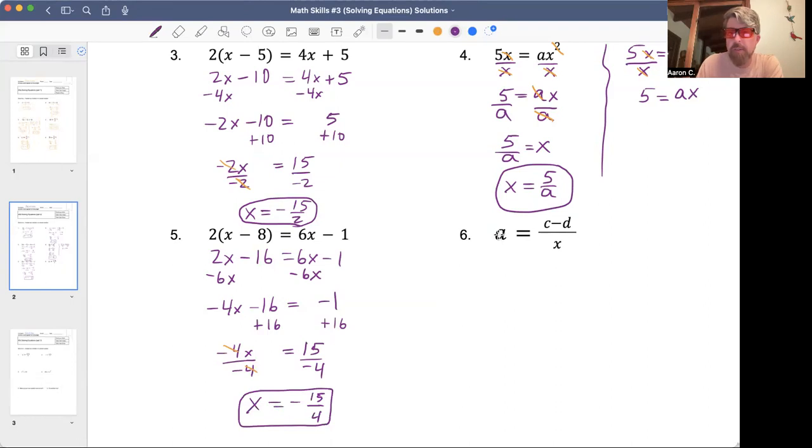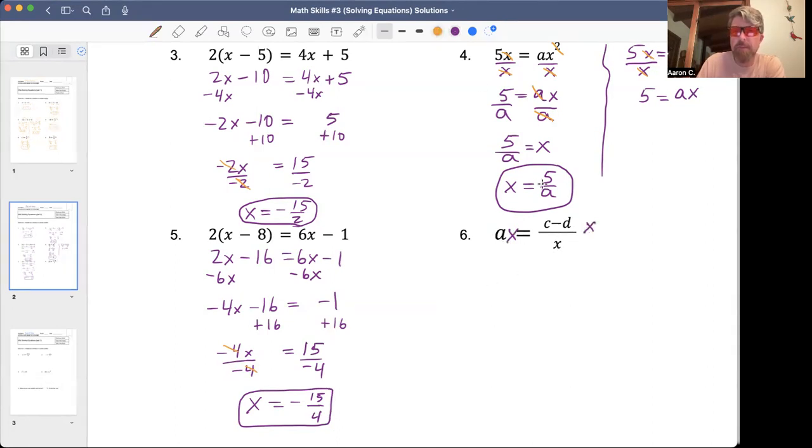And now we have a bunch of a, c, and d kind of things, and we're trying to solve for x. So these could be numbers, they could be variables, it doesn't really matter. The main thing is we're trying to get x by itself. So the first thing, just like we did on the previous one, is we have to get x out of the denominator. So the first thing, we're going to multiply by x on both sides. Okay.